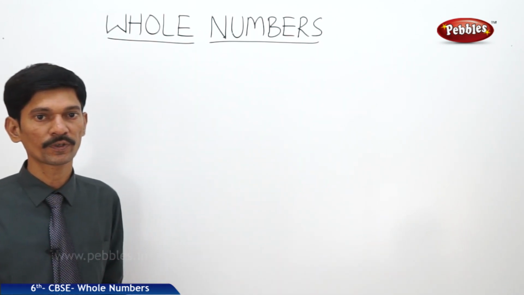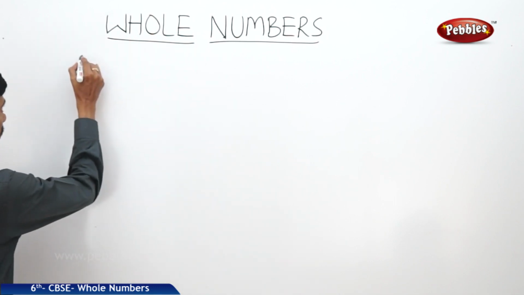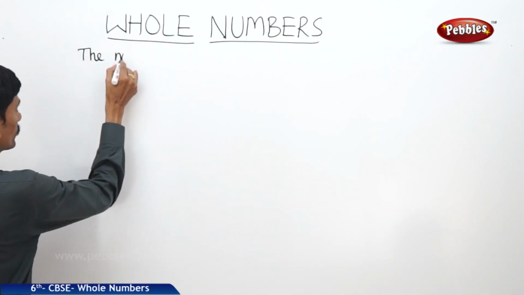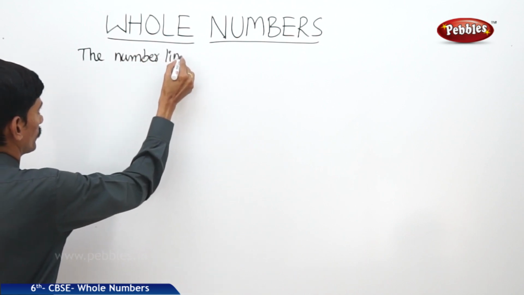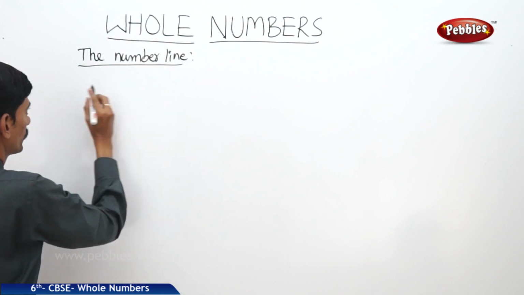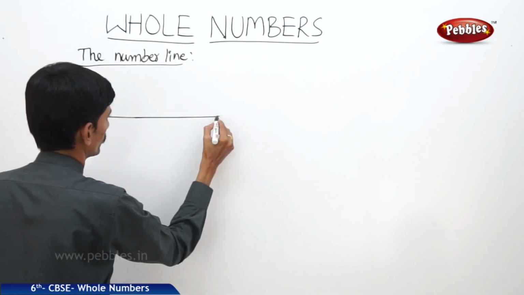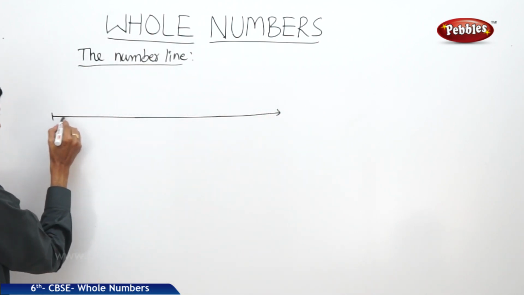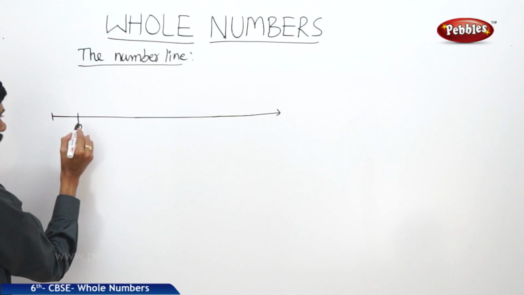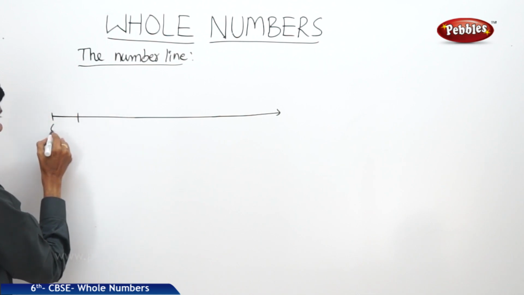Now let us see how to represent the whole numbers on the number line. On the number line, first we mark 0, which is the initial point.